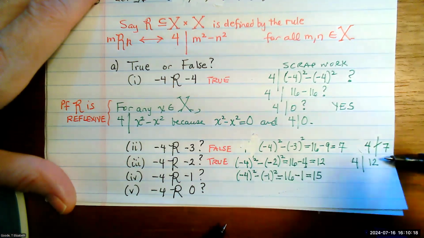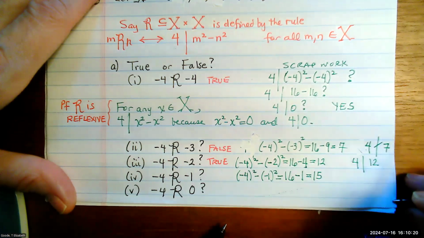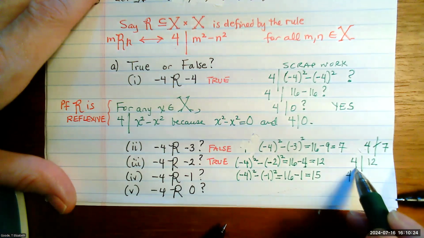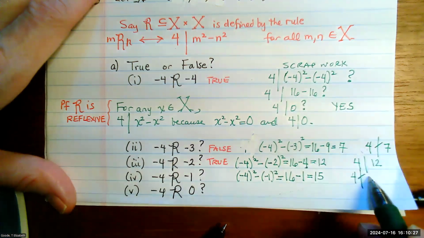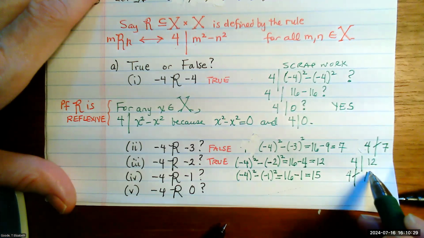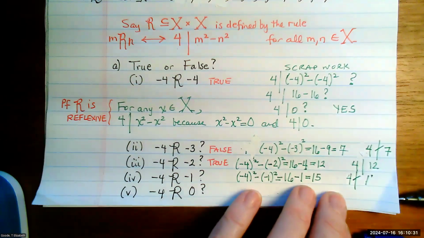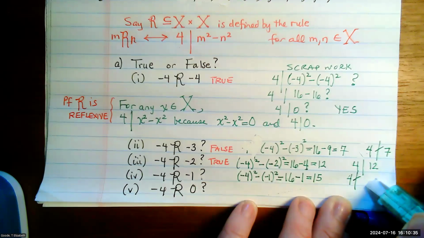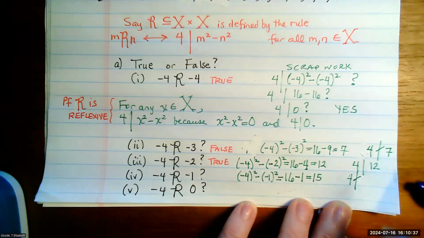So negative 4 is not related to negative 1. Now you go ahead and check and see if 4 is related to 0. It is, because we're just looking at 16. And 4 does divide 16, doesn't it?